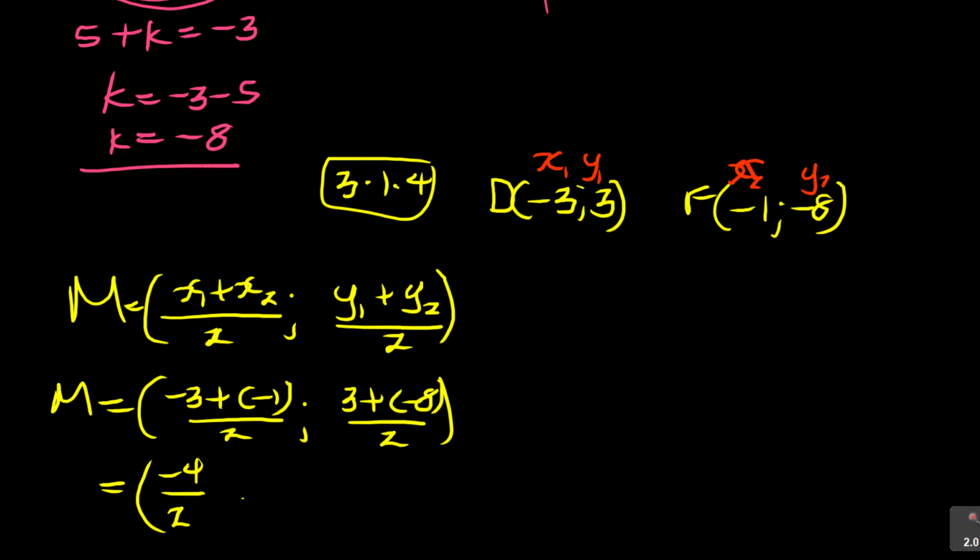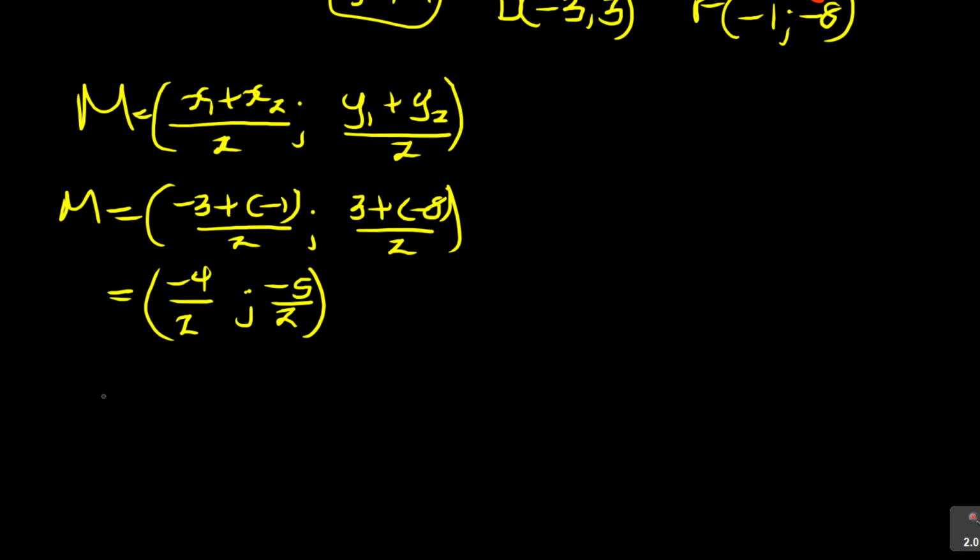Remember, it's coordinates, so you put that in coordinates. And then 3 minus 8 is equal to negative 5 over 2. You must always remember to maintain it in coordinate form. Minus 4 over 2 is negative 2.